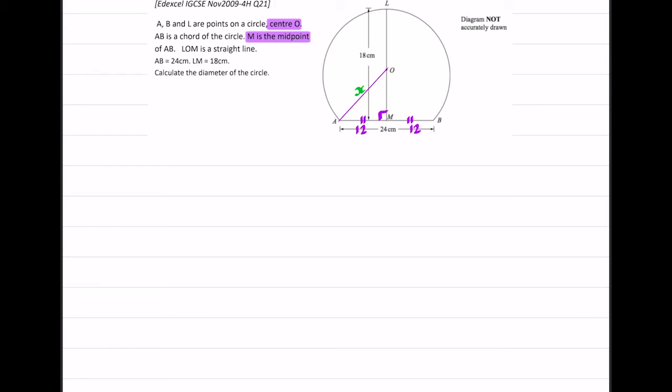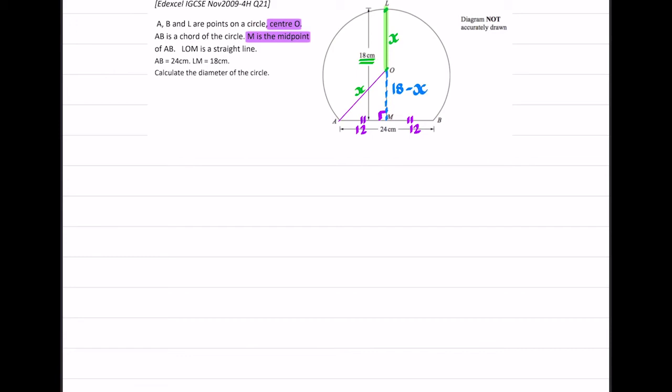The other thing that I know is that LO is also a radius, because it goes from O, which is the center, to L, which is the circumference, which means that LO is also x. From O to L is x. But I know that the whole length of LM is this 18 over here, which means that OM would be the full length, which is LM, so that's 18, minus whatever the radius is, minus the x.